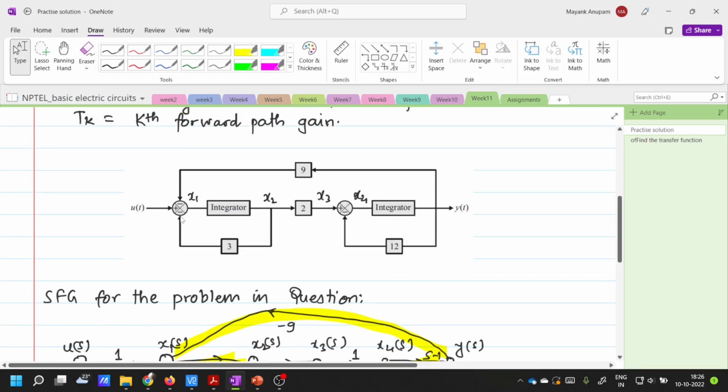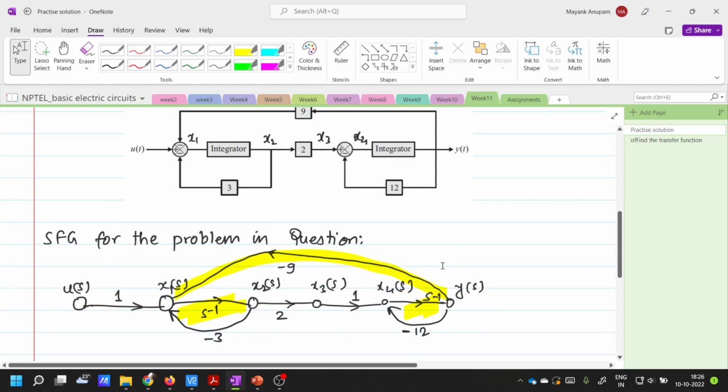So for converting this into a signal flow graph, what do you need to do? You need to first define what the nodes are. Okay, what are the signal nodes? So this is u of t, this is the incoming signal. Then let's say this signal is x1 of t. Again, then let's say this is x2. Let's say this is x3, this is x4, and then this is y of t.